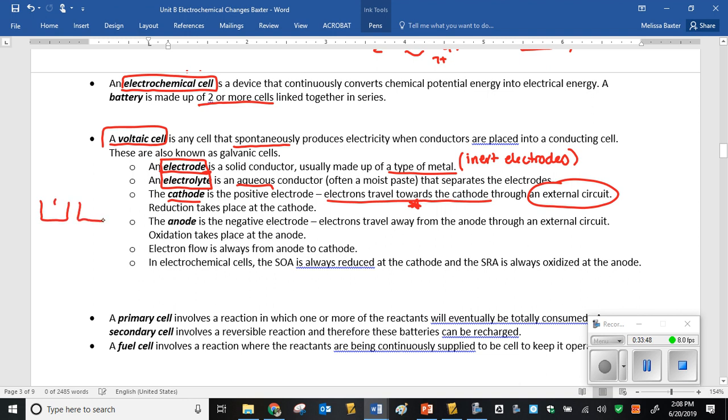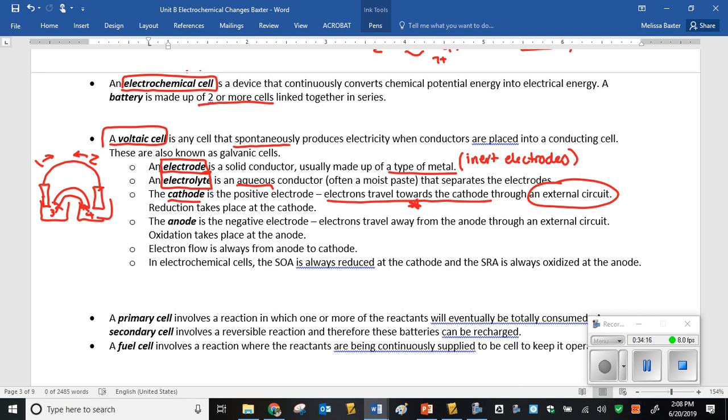So I'm just going to quickly sketch something here. So here's your basic setup, and they'll give you things like 1, 2, or 3, or 4. Never put the electrons down in the solution. That's not where they are. The electrons are always going in the external circuit, so the wire that goes across the top.